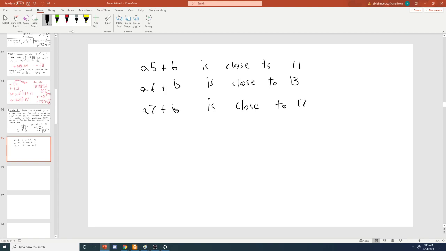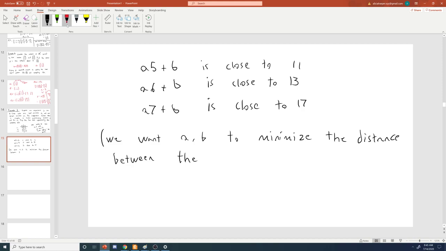And what we want is for A and B, actually not kind of, exactly, to minimize the distance between the vectors A5 plus B, A6 plus B, A7 plus B, and 11, 13, 17.